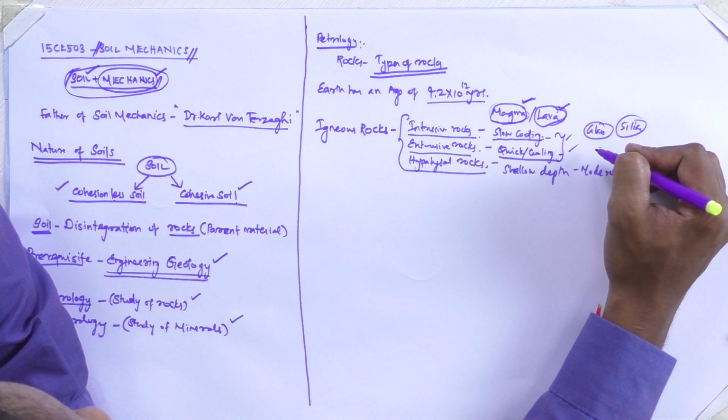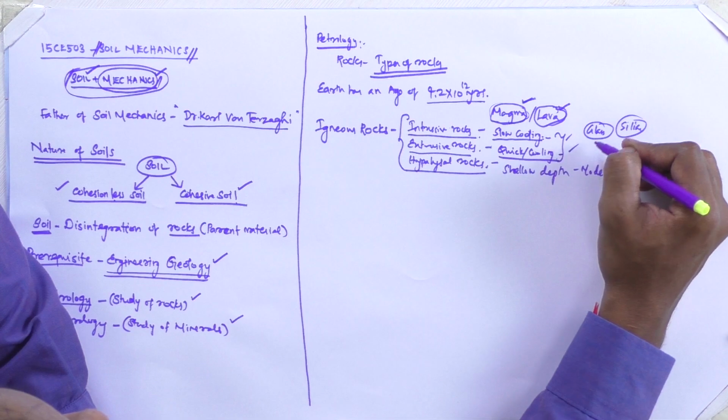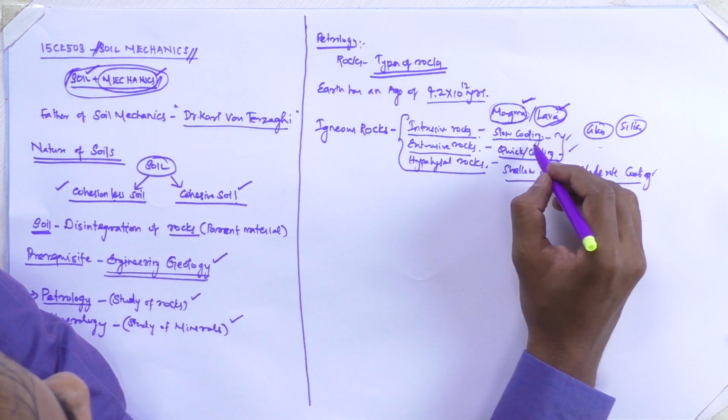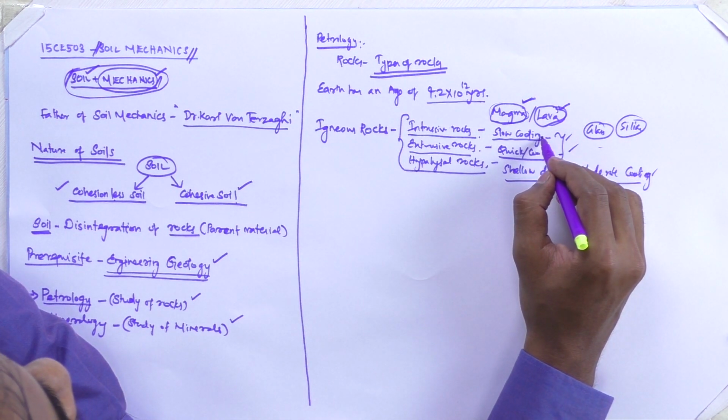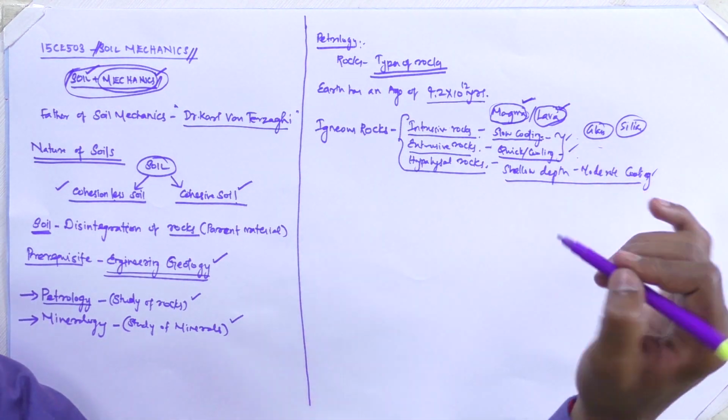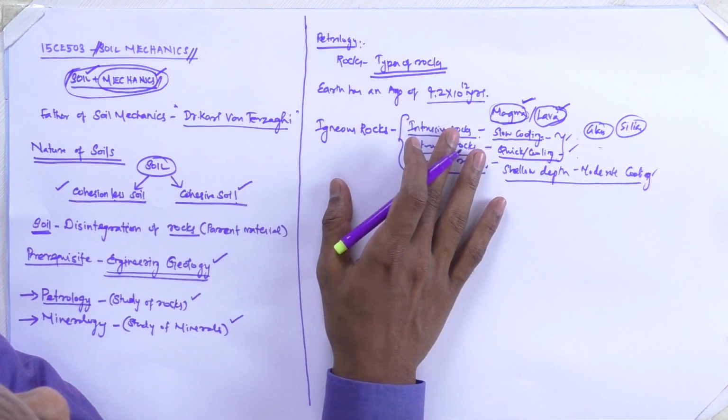We see some road accidents where, at the time of impact or sudden collision, the glass breaks into pieces. That is controlled by the cooling process. Such properties of glass can be adjusted with cooling temperature adjustments. That is the concept. So slow cooling will produce harder rocks and quick cooling will produce rocks of lesser strength. These are the igneous rocks.